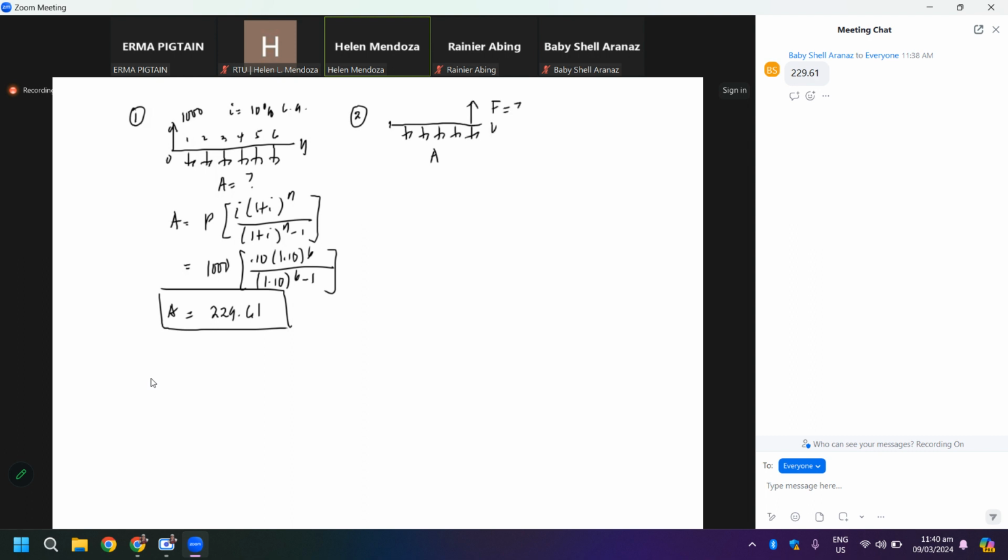So, if this is years, this is 5, this is 0, yung i is 10%. We would see na yung huling hulog ko ay supposing this is 100. Nasa pareho ng panahon kung saan hinahanap ko ang F, then ibig sabihin pwede ko nang gamitin ang formula.